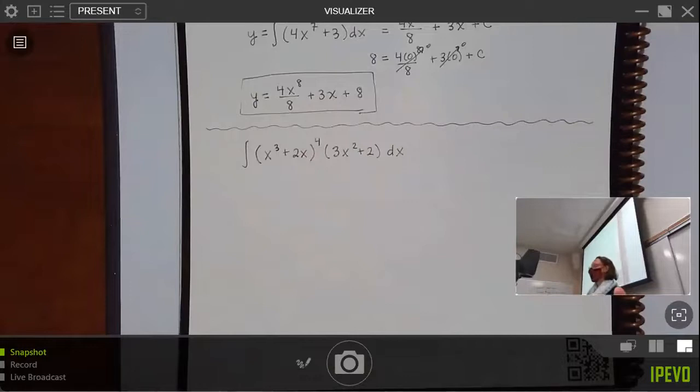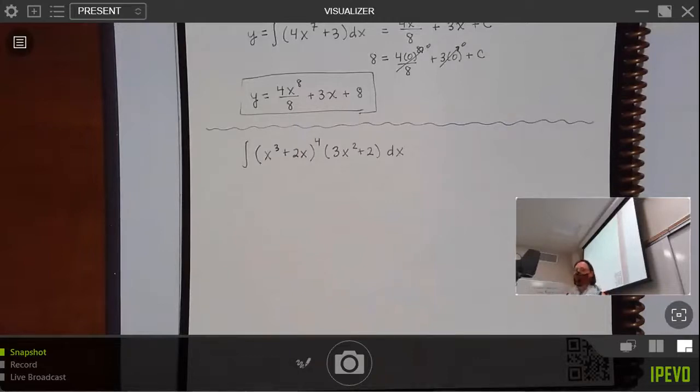Because we're going to have a whole bunch of different techniques for finding antiderivatives, one framework and starting point that I like to use is to look at something and say, is it algebra, is it trig, or is it a mixture of stuff? I'm calling this thing just algebra because we only have numbers times x's raised to powers.